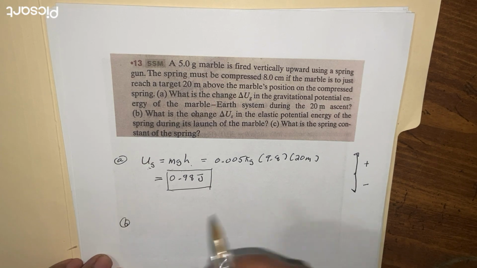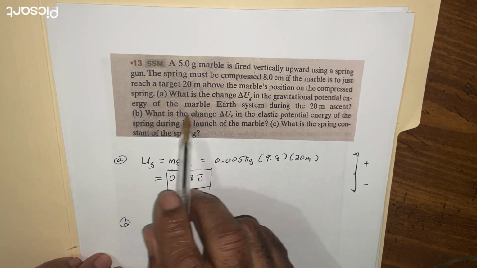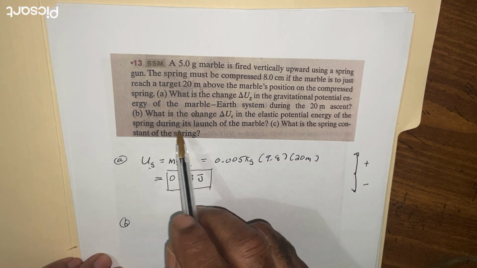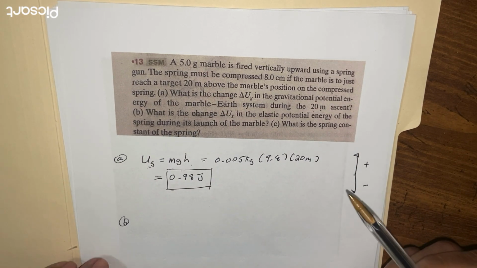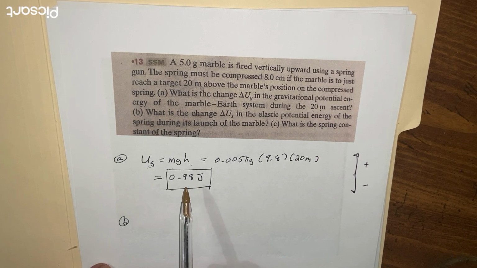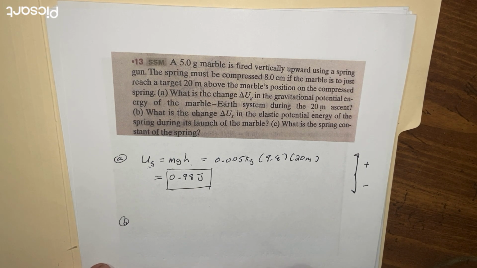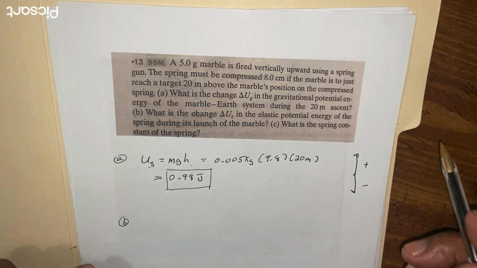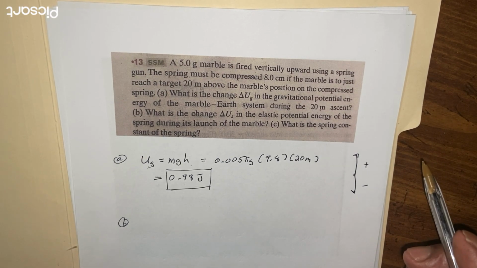Now B asks, what is the change in the elastic potential energy of the spring during its launch? We know that 0.98 joules must be the same energy that the spring has when it's compressed. We know that because we're dealing with conservative forces and the energy is conserved.